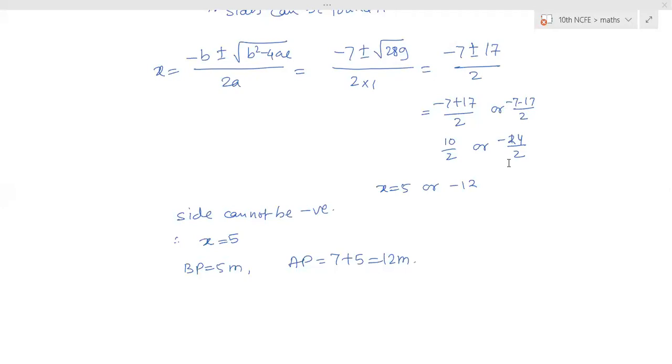The eleventh one is based on geometry. In that, first, second, third. Ma'am, can you repeat the NCERT 10th one you said?